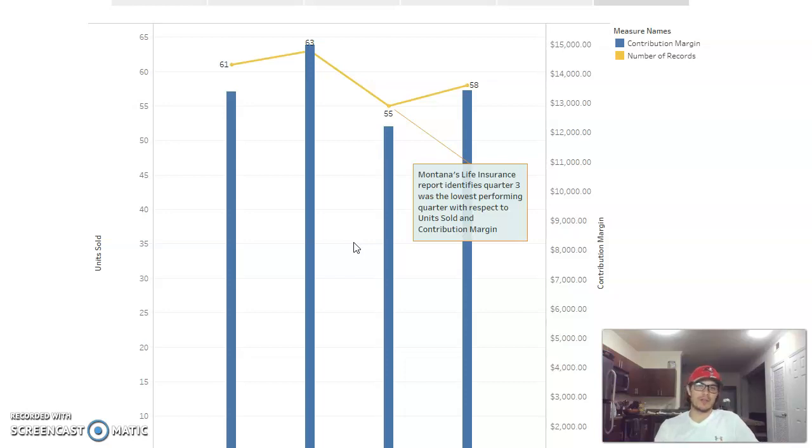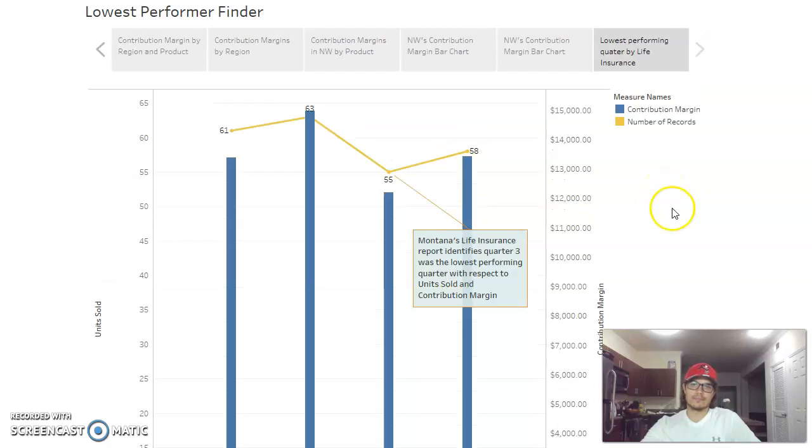And I've noted here that the Montana's life insurance report identifies quarter 3 as the lowest performing quarter with respect to units sold and contribution margin. And I think this helped find a trend within Montana. We see that quarter 3 is our area for improvement.